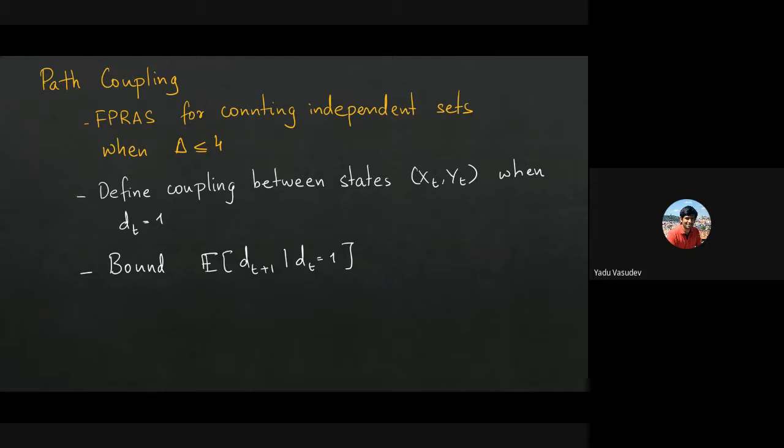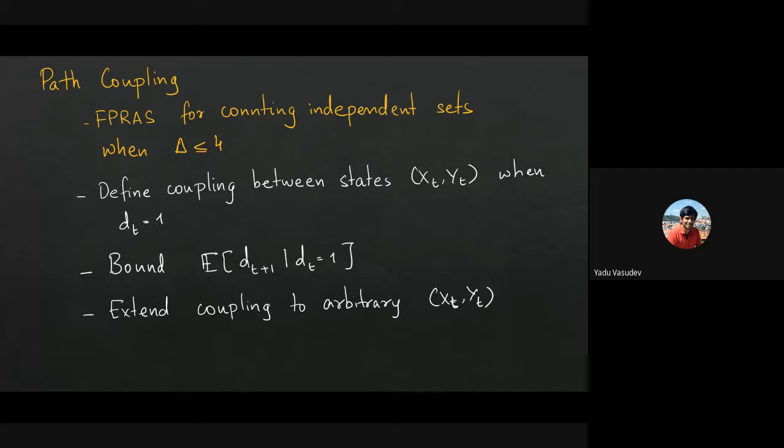So let's try to bound the expected value of dt plus 1 when dt is equal to 1. Okay. So we start with this. We look at this very simple scenario where the two sets are very close to each other. And then you try to extend this to arbitrary sets.